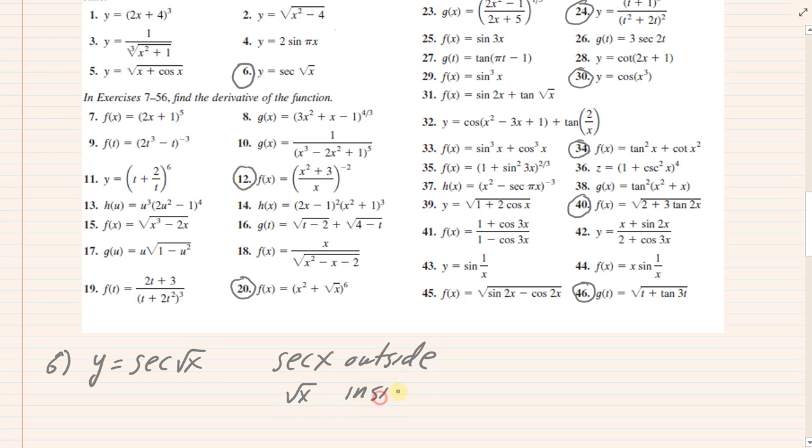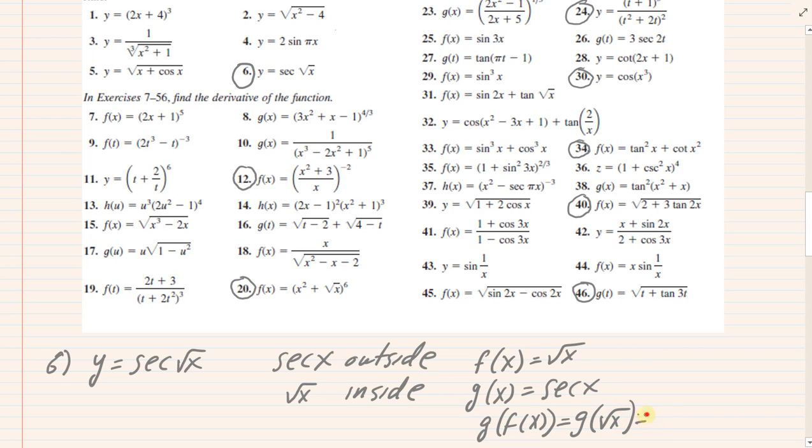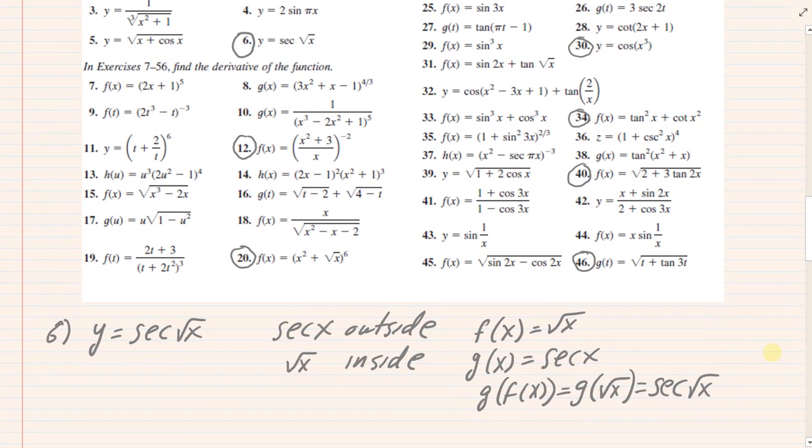So in other words, if I let f of x, the inside function, be root x, and if I let g of x be secant of x, now you can see that if I do g of f of x, that would be g of root x. Well, let's actually plug in for g now. g is secant, so that's going to be secant of root x. Okay, and there you have that one. Good. Now that's just recognizing outside and inside function.